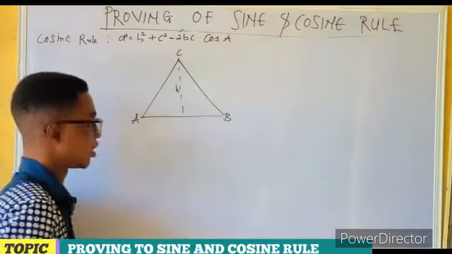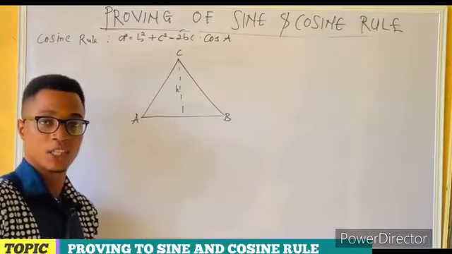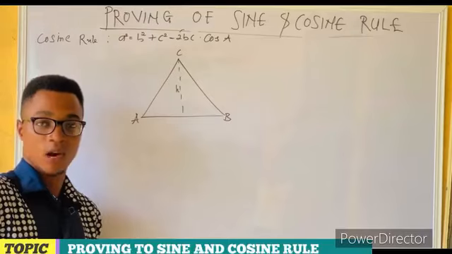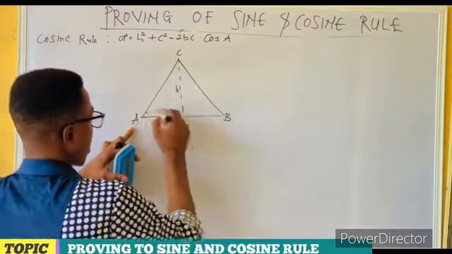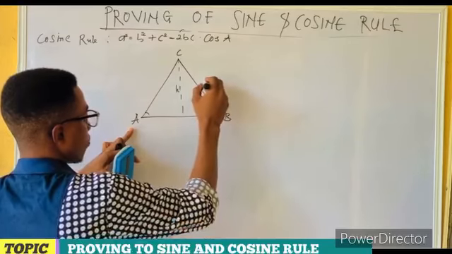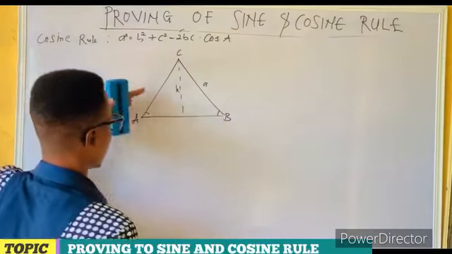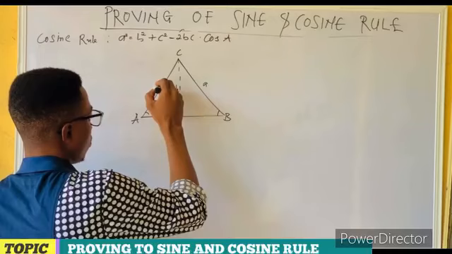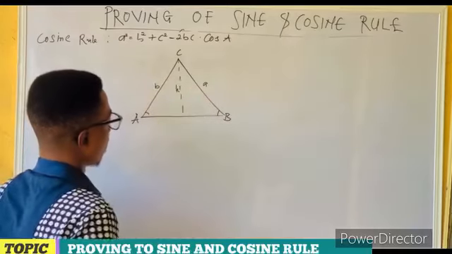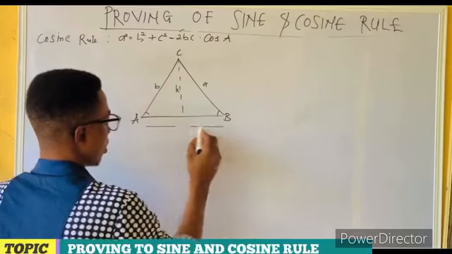We know that the corresponding side of a triangle will be denoted in a lowercase letter. So here is the corresponding side of acute angle A. We have the lowercase letter a. Here is the corresponding side length of acute angle B. We denote it as lowercase letter b, and this last side as c.